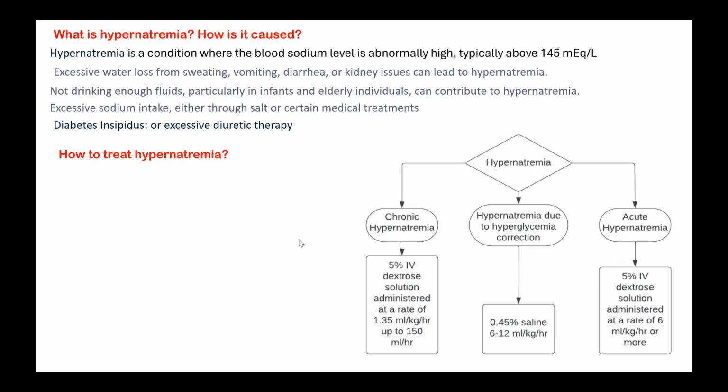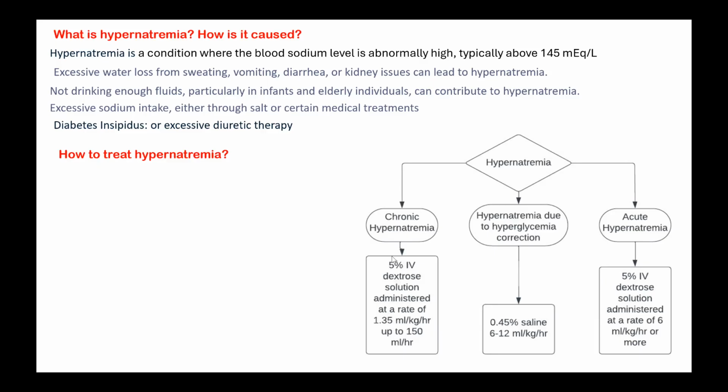Once you restore the volume, the patient will automatically dilute the sodium and it will become all right. So the main treatment is 5% dextrose. Not in patients with hyperglycemia, but in patients with pure hypernatremia with a normal blood glucose, the treatment of choice is 5% dextrose.